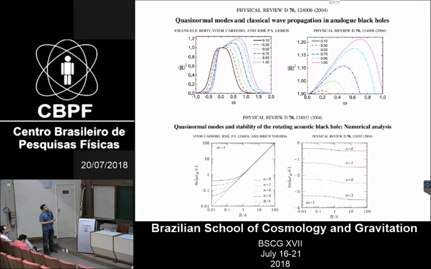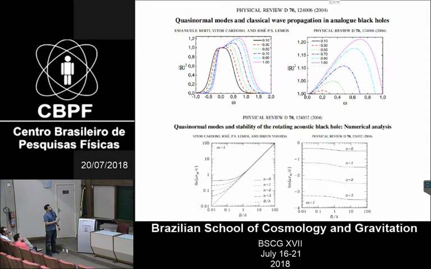You can see here if the frequency is negative, which means that the wave is counter-rotating compared to the scatterer, you always get a reflection coefficient which is smaller than 1. On the other hand, if your wave is co-rotating with your scatterer, then you may have reflection coefficients which are greater than 1. And this corresponds to an amplification. The amplitude of the reflected wave is greater than the amplitude of the ingoing wave.